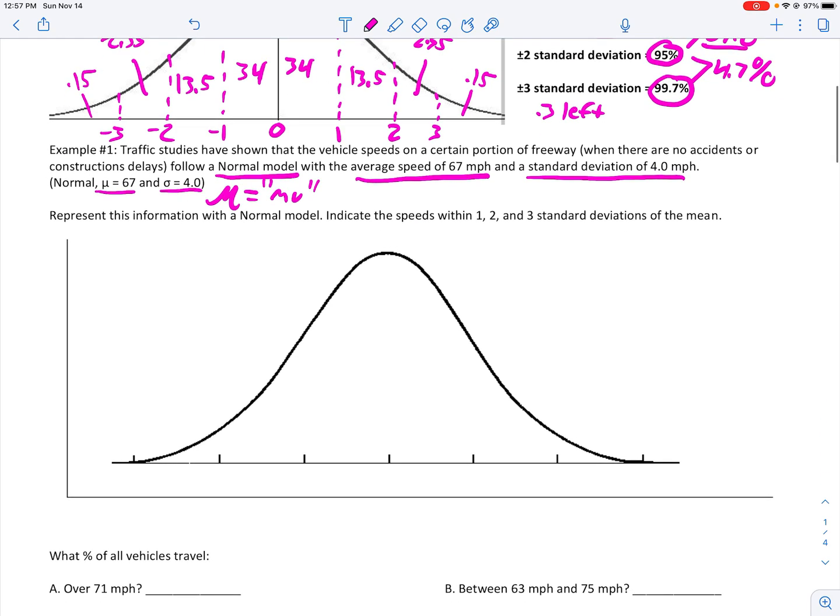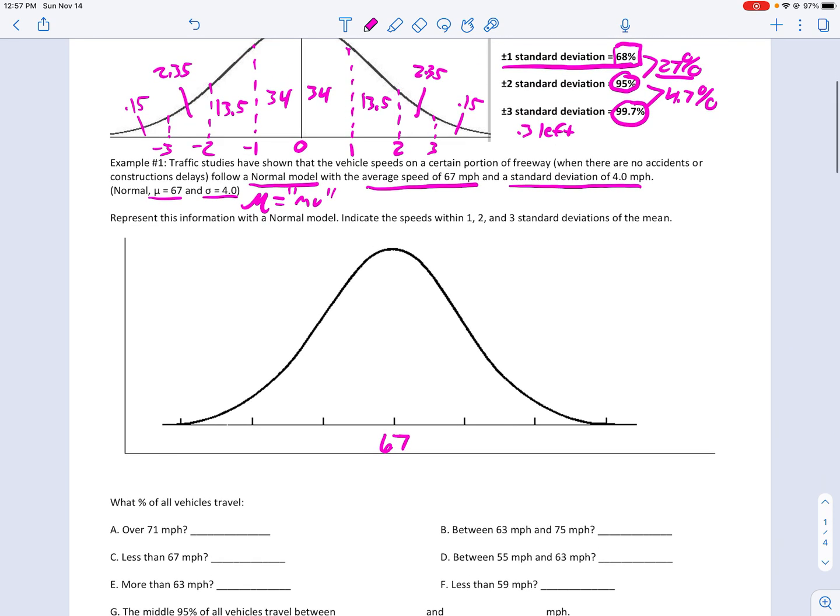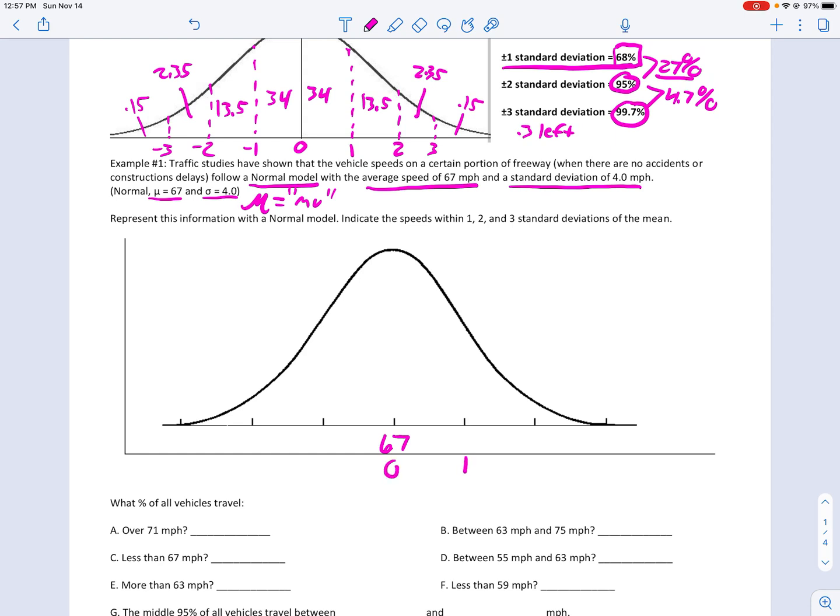So if our standard deviation is 4 and our mean is 67, this is going to be 67 here in the middle, because we always put the mean in the middle. If you're one standard deviation above the mean, you'd be at 71.